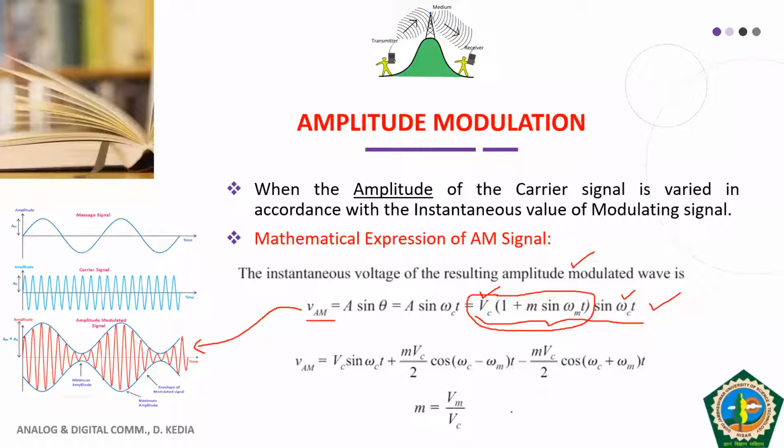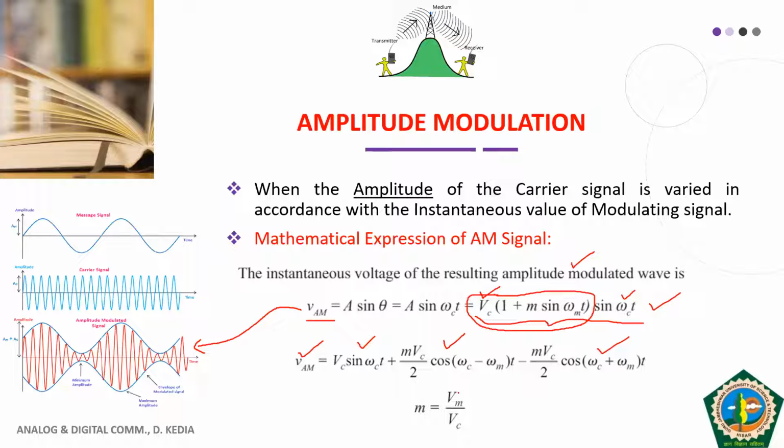By applying trigonometric identities or properties, we can further solve this expression, and we get V_AM equal to Vc sin omega c t, plus mVc by 2 cos (omega c minus omega m) t, minus mVc by 2 cos (omega c plus omega m) t.